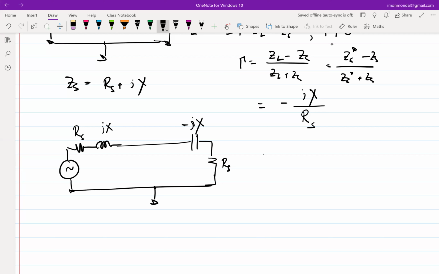So this is a power match. But clearly, this is not a reflection match, right?